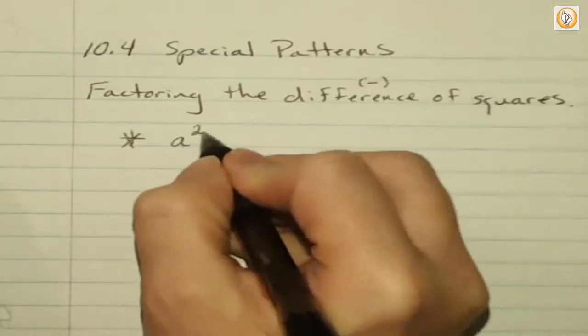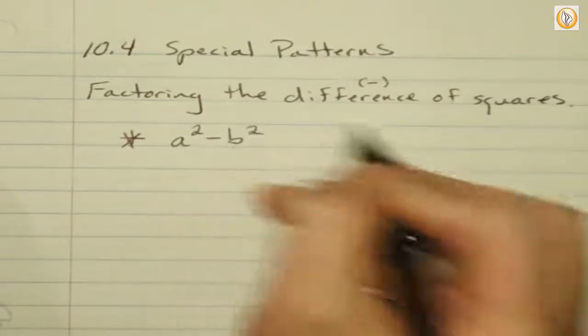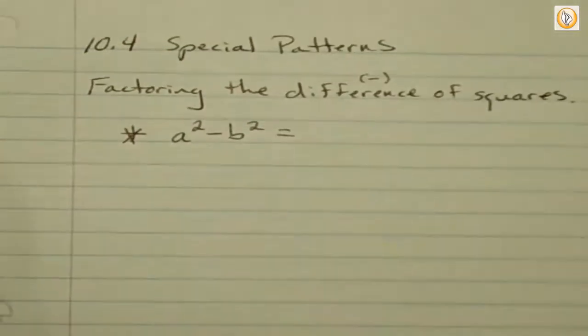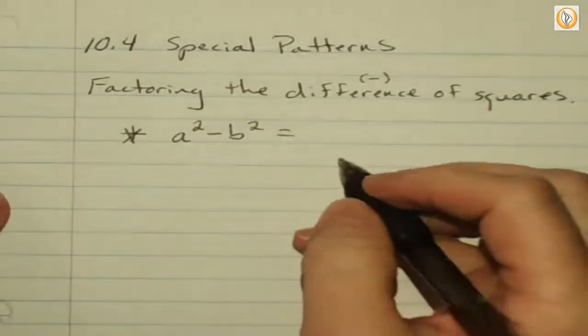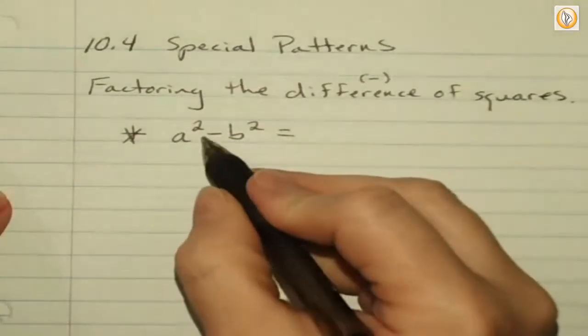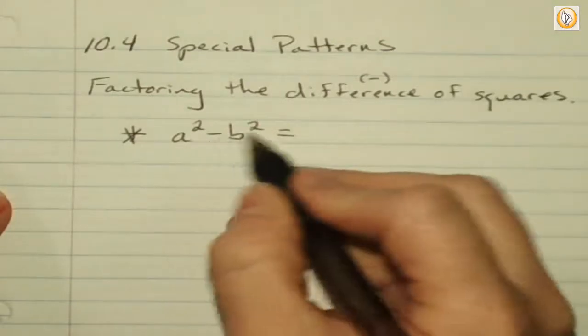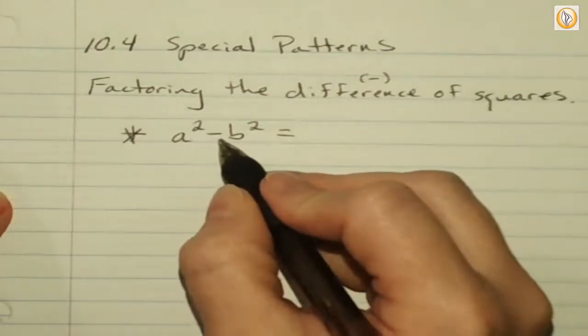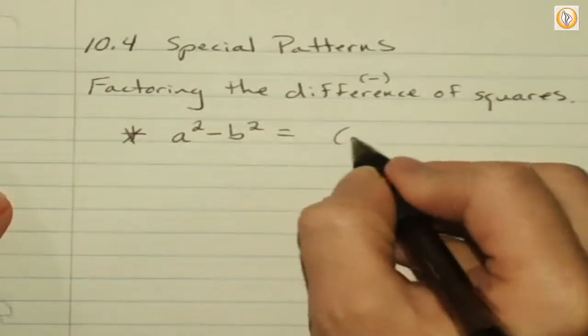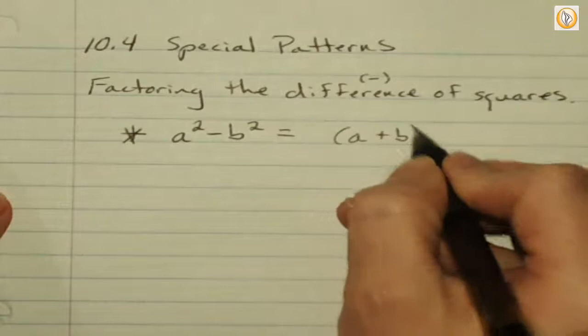Let's say I have a squared minus b squared. Okay, it is written. Whenever you have a perfect square first and second and a subtraction sign, it's always going to be written like this.